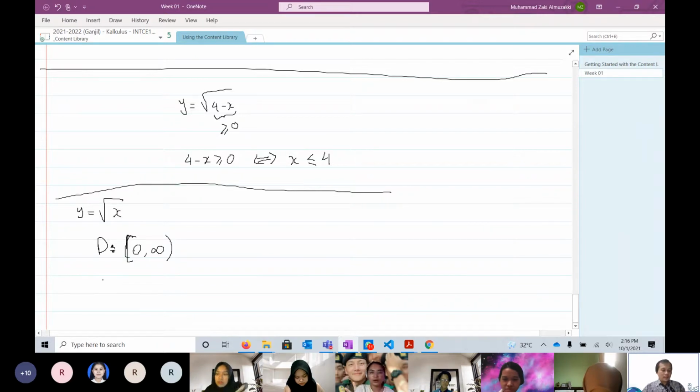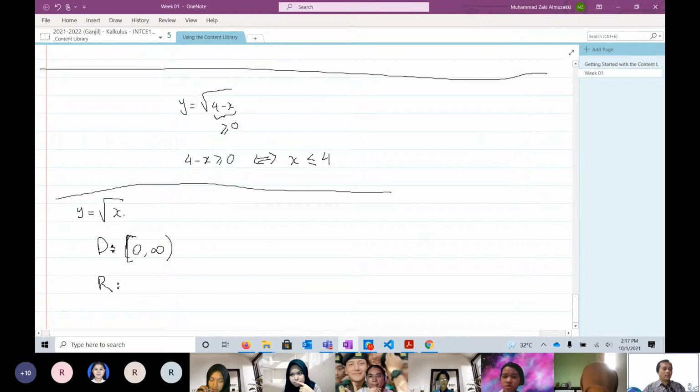Then the range, let's see. To check the range, we try to change x from 0 to infinity. Okay, x equal to 0, meaning that the square root of 0 is 0. Then we increase x: 0.1, 0.2, 0.3, and so on until infinity.